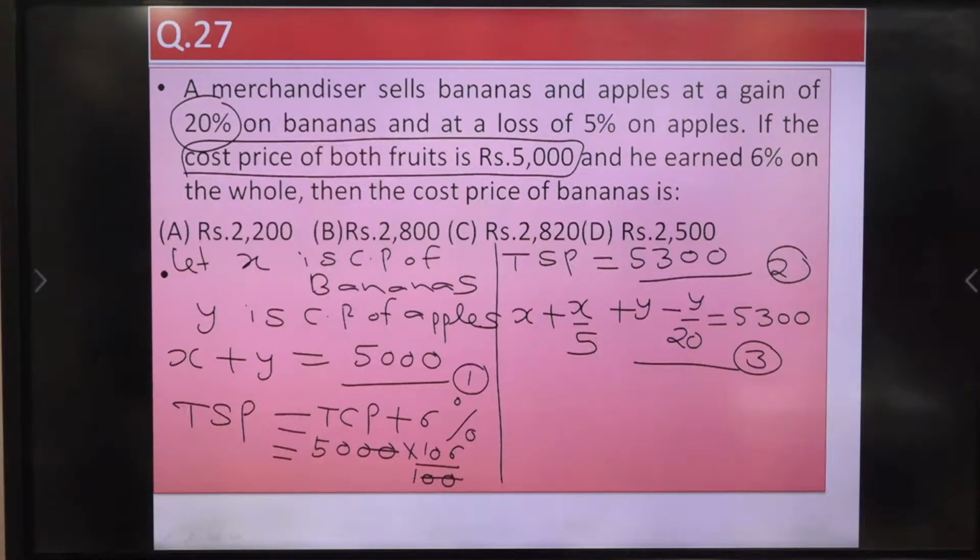SS Gupta is getting 2200. So other students, please confirm what answer you are getting now. What is X equal to?